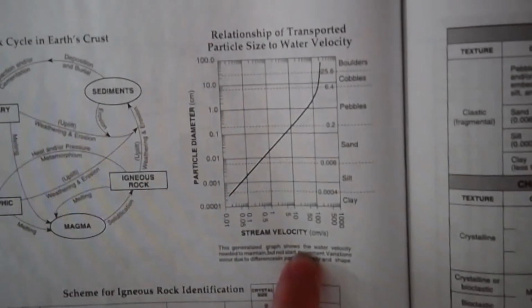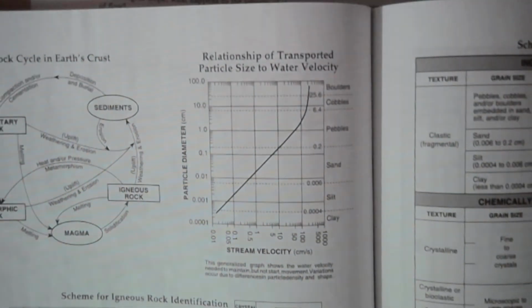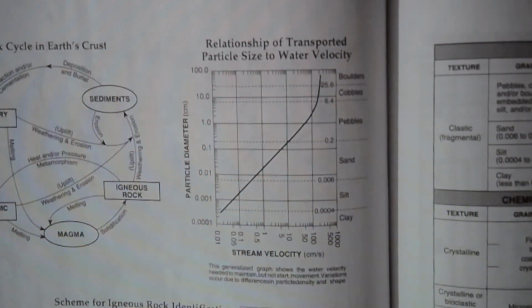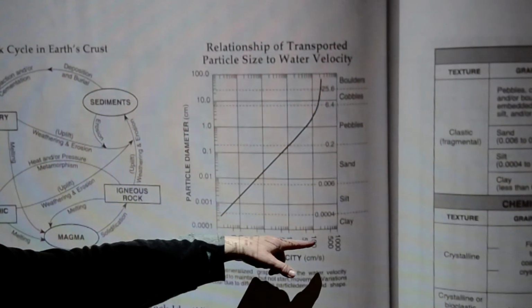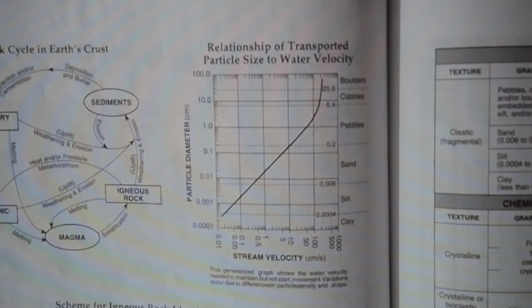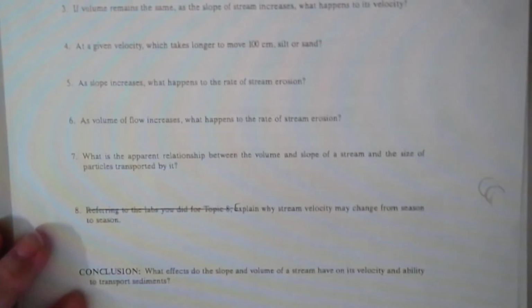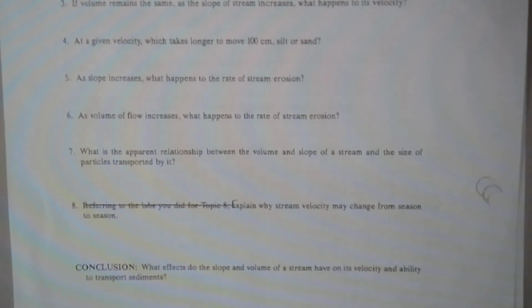Right here, the relationship of transported particle size to water velocity. As my velocity increased, so does the size of the sediment that I can move. So, as the volume and or slope increases, my velocity increases. With my velocity increasing, I can carry larger particles.